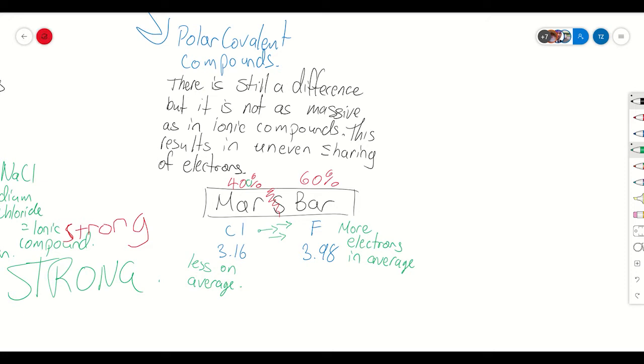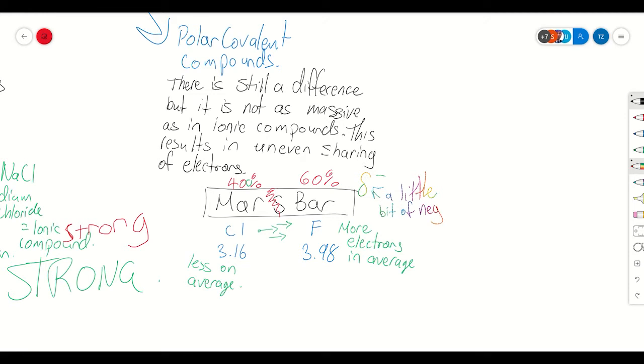And that means if my fluorine has more electrons, what charge will the fluorine side have? Negative charge, good. So this is going to have what's called a delta charge. That's like a little one, a little bit of neg.